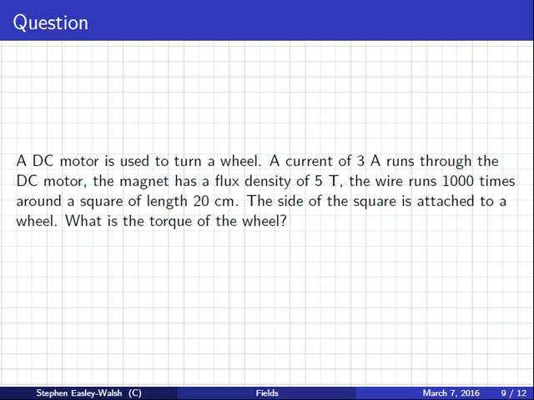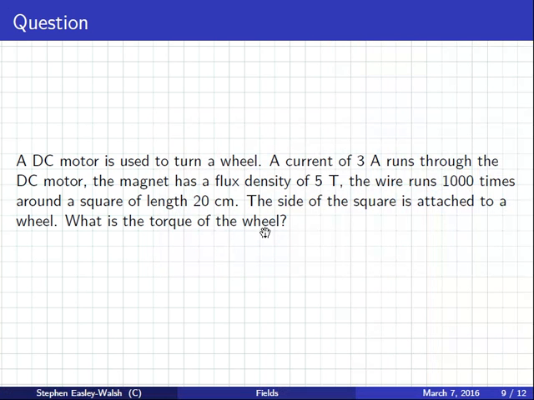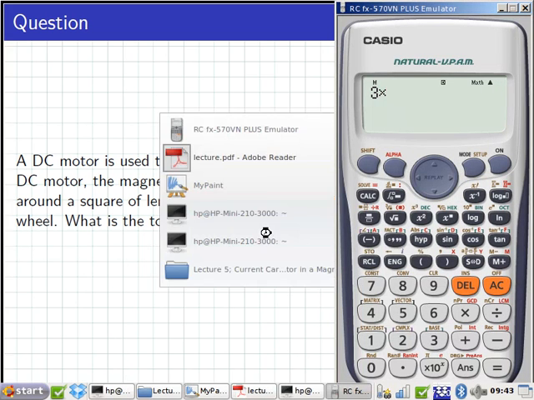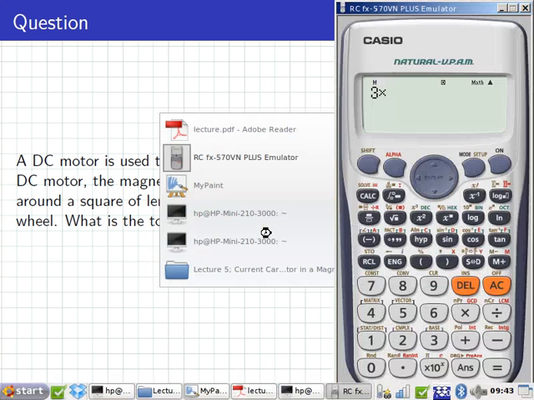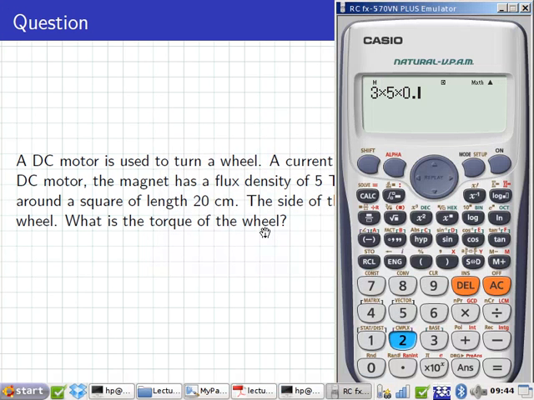No, this isn't it. I want to know the torque of the wheel, the turning force of the wheel. This is I-B-A-N. What's the I? 3. What's the B? 5. What's the A? 0.2 squared.